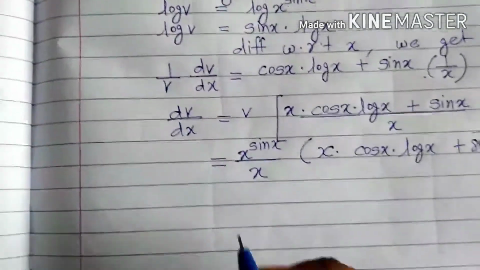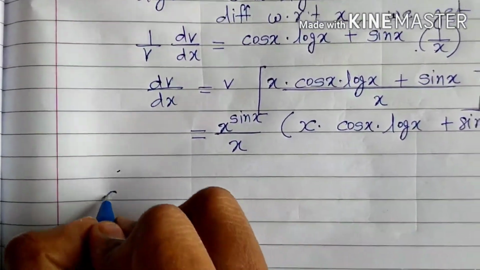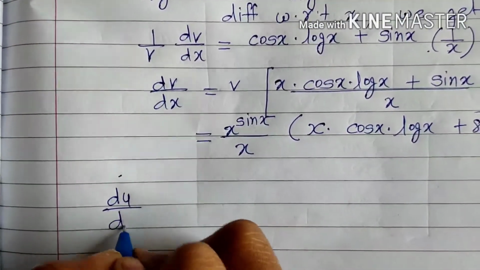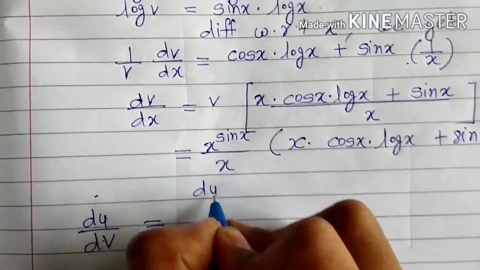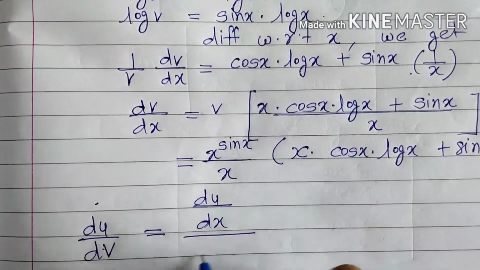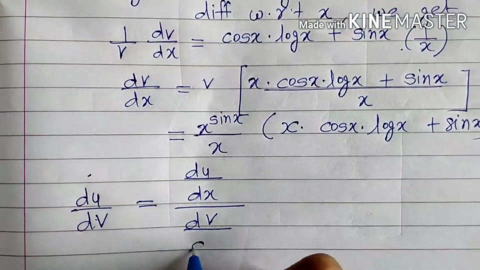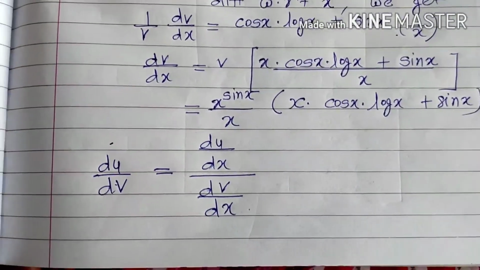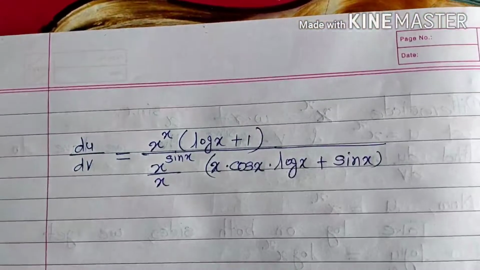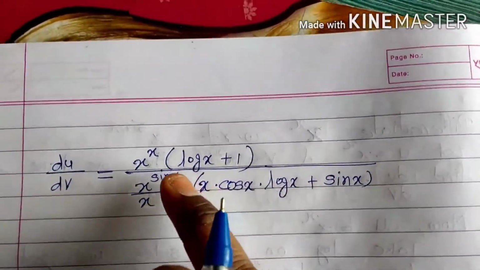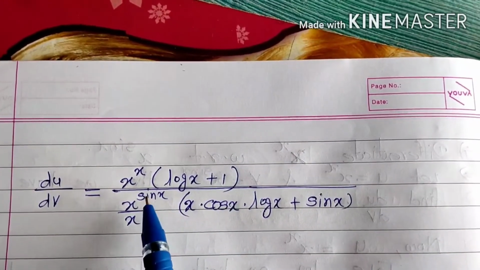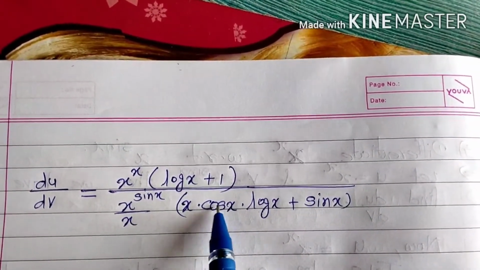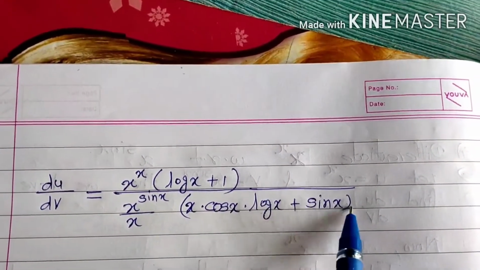Now we have to find du upon dv. So du upon dv is equal to du upon dx upon dv upon dx. Now put the values. So we get du upon dv is equal to x raised to x into log x plus 1 upon x raised to sin x into x cos x log x plus sin x upon x.